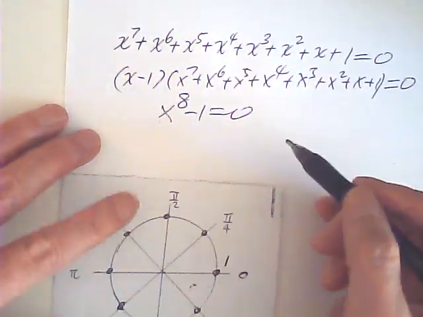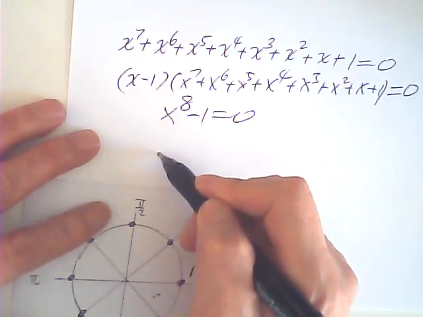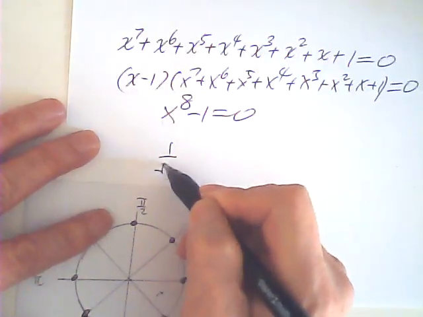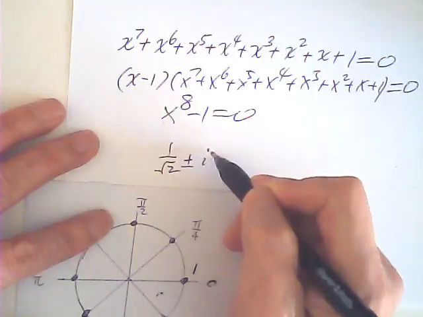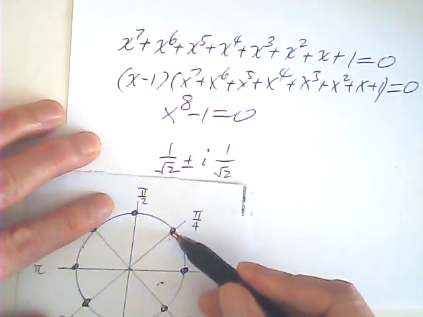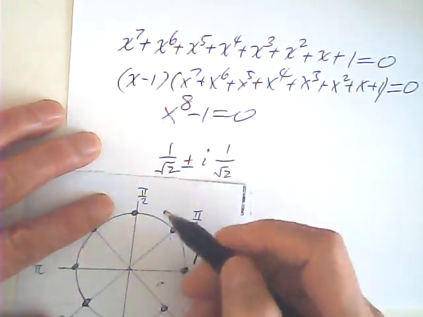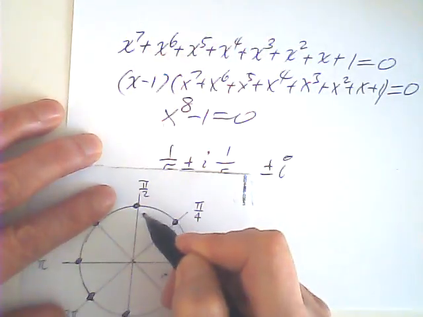This is 1, belonging to this factor, and the other 7 belong to this one. Namely, let me write it down, this is easier. This is 1 over root 2 plus or minus I 1 over root 2. So these two roots, and these 2 roots plus or minus I. See, this is I, right?